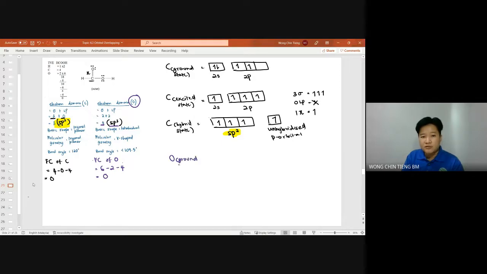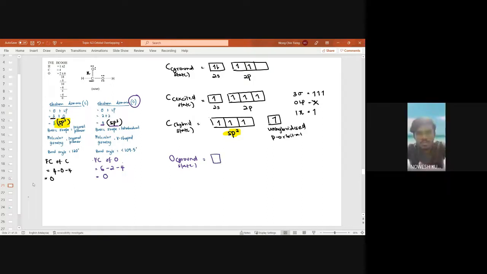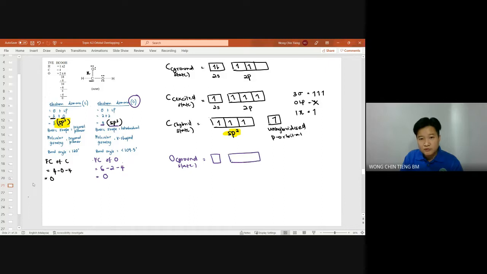Valence electron oxygen ground state. Nawesh? 2s2, 2p4. So you have your 2s over here with 2 electron, 2p4 that you have over here. Formal charge adalah kosong, therefore you have your oxygen excited state.